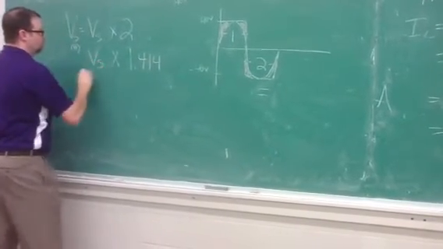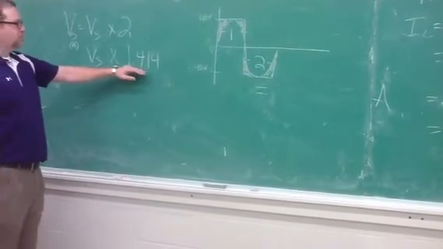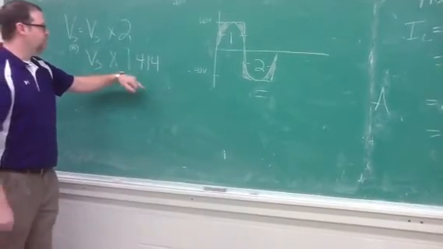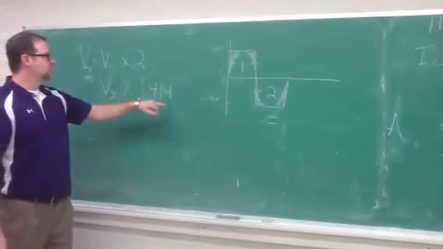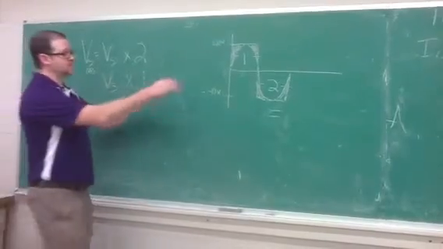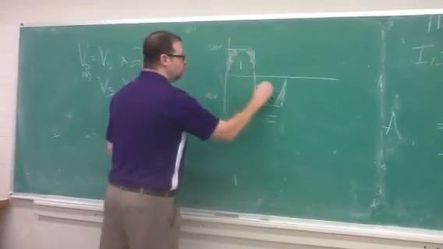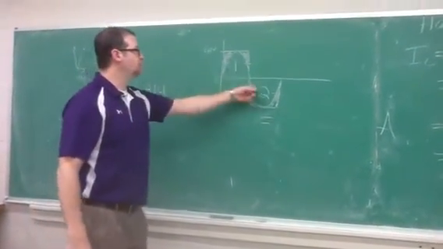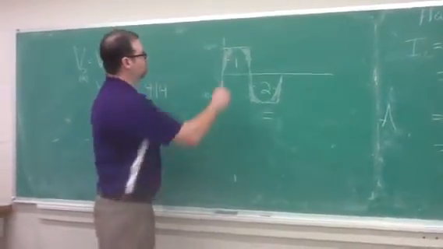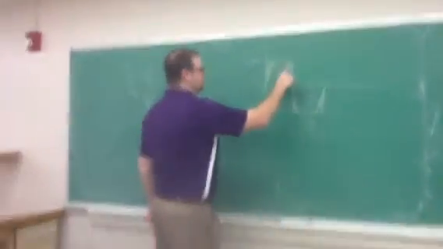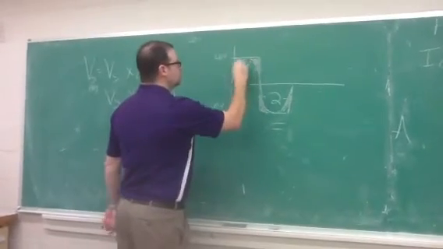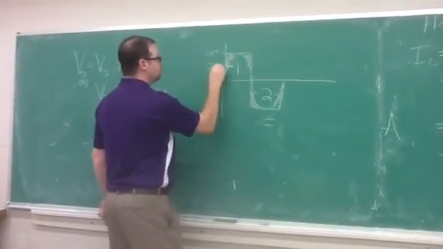1.414. So we take out, I think it's like 0.586, is what's missing in this 2 full waveforms, because it's not all the time at 40 volts, because as you're going up and as you're coming back down, you're missing voltage. Like right here, this is 20 volts.